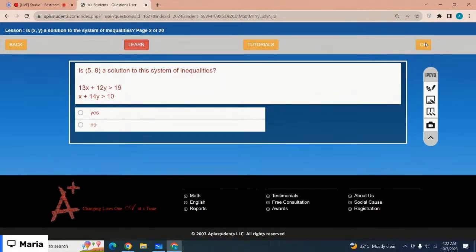Okay, let's just put (5, 8) into both the inequalities and let's see if they are true. I think they both are true. They both are true. So the correct option is yes.